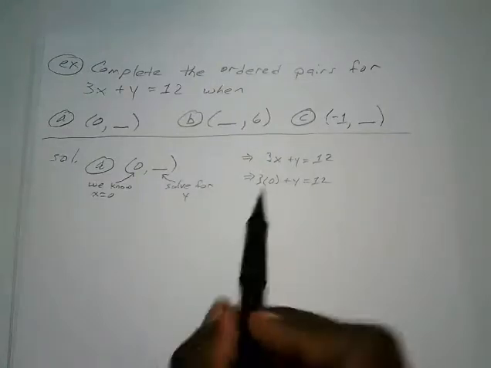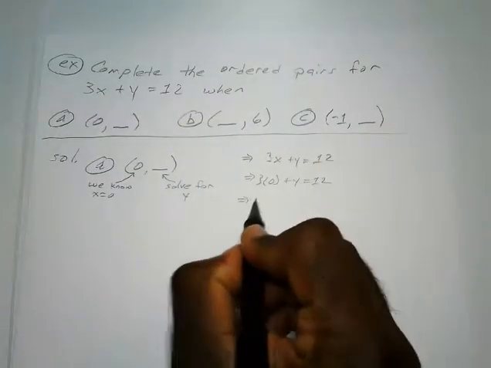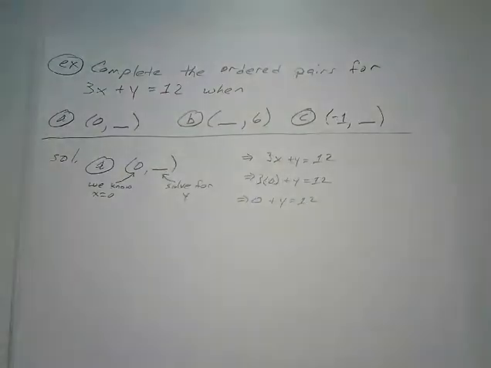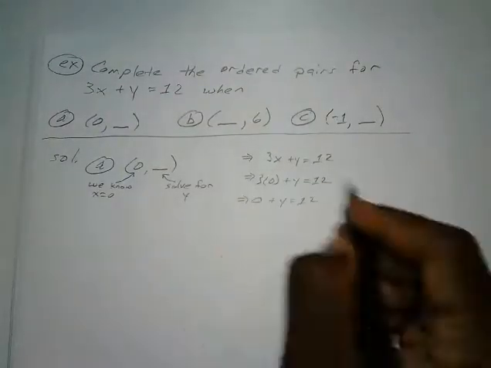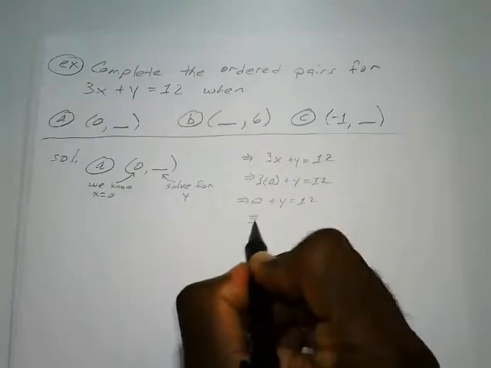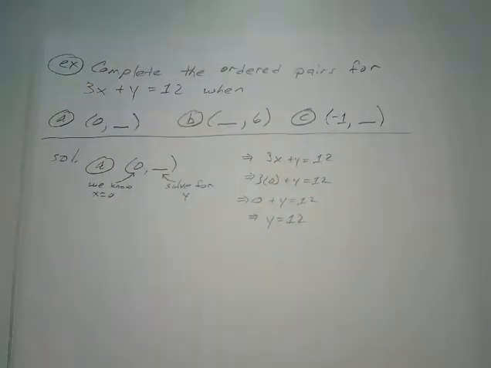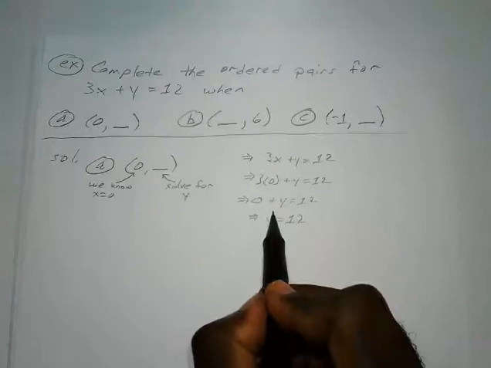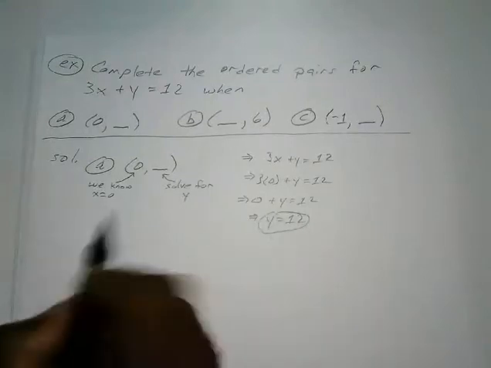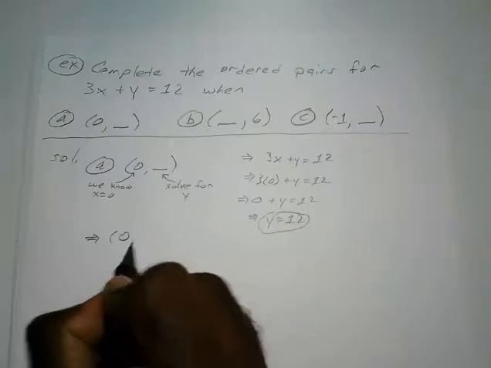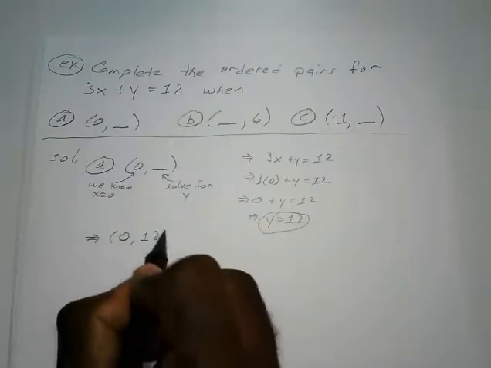Now 3 times 0 is just 0, so we have 0 plus y equals 12. 0 plus y is just y, so that gives us y equals 12. Okay, so since we know that our y is equal to 12, this ordered pair becomes 0, 12.